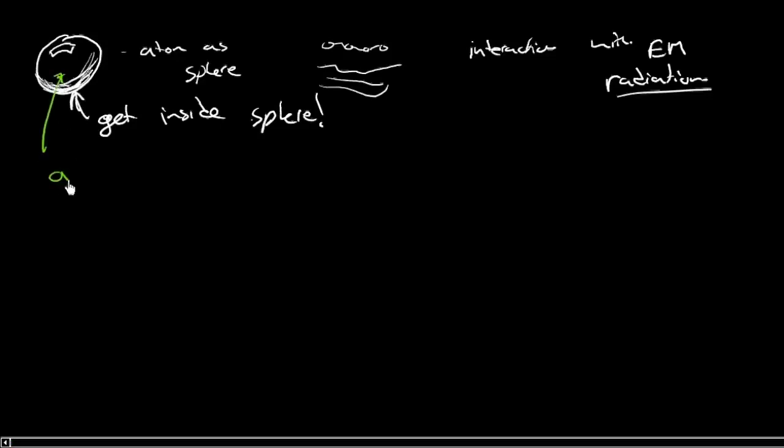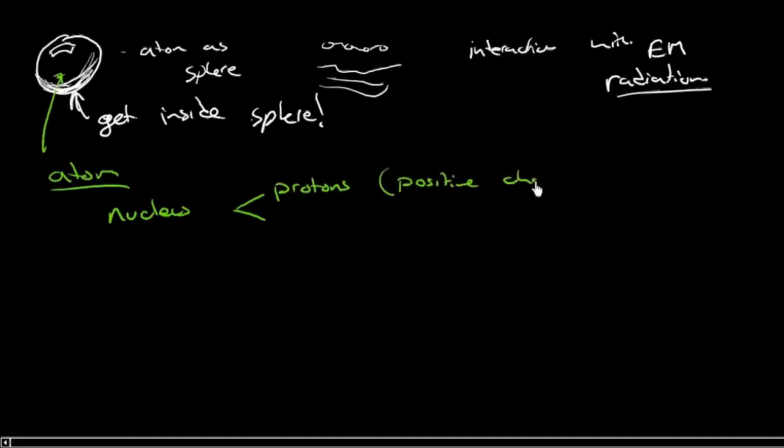So inside the atom, we've got a nucleus, and the nucleus contains protons, which are positively charged, and neutrons, which are neutral in charge, as the name implies. Neutral charge. But this is most of the mass of the atom, essentially all of it.